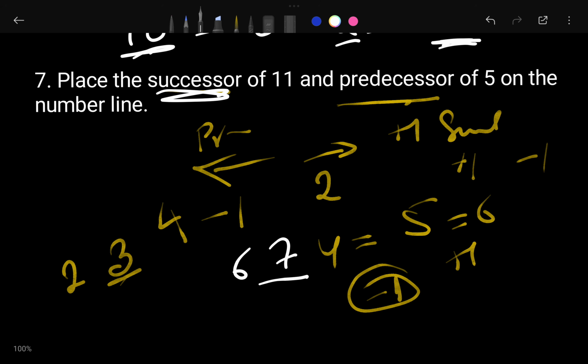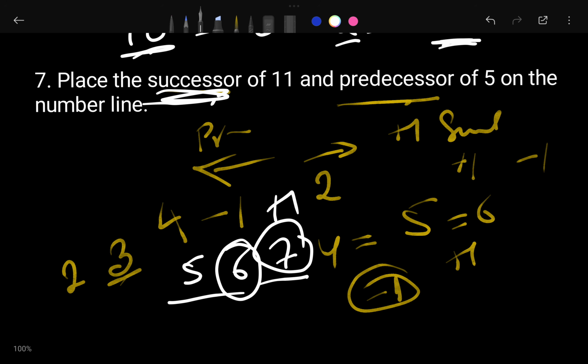Suppose you do not pass the 6th class, you will stay in that class only. But if the rule is that you will go back, then you will go to the previous class, the 5th class. So you are in the 6th class. If asked about the successor, it means plus 1, that is going to be 7. If it is asking about the predecessor, it means minus 1, that is going to be 5. I hope you understand the successor and predecessor.